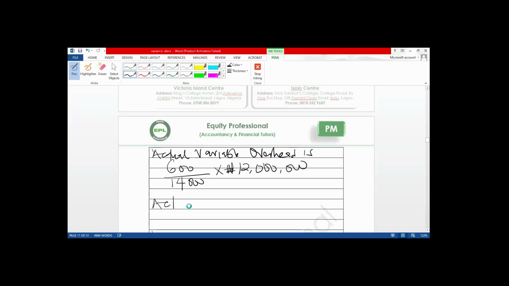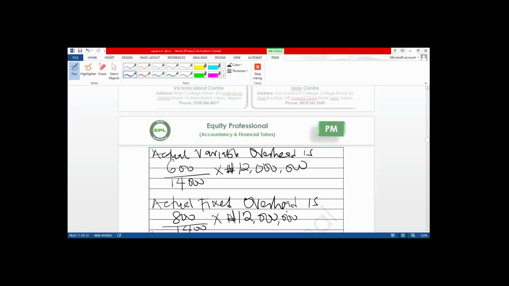Actual fixed overhead is 800 divided by 1,400 multiplied by 12 million.